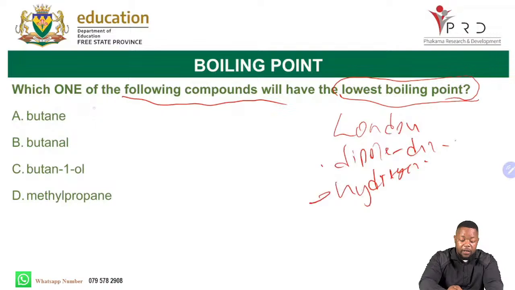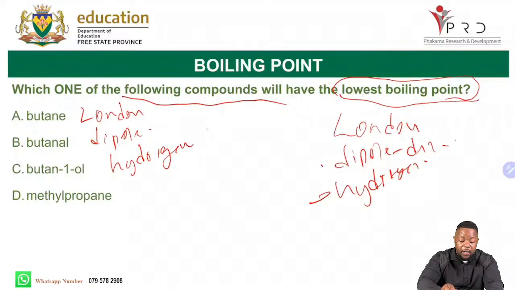Butane comes from the homologous series alkanes, and therefore the intermolecular forces that must be there are the London forces. And then butanal is an aldehyde, so we expect dipole forces there. And then we have butanol, where we expect the hydrogen bonds.